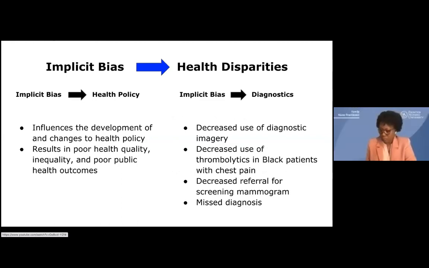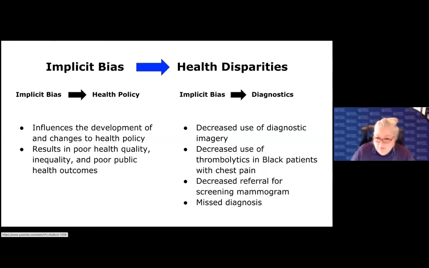A recent example of a change in policy was a law that was passed in New York State. The new law passed was called Shannon's Law. It was named in honor of a young woman, Shannon Sumato, who was diagnosed with breast cancer at age 28 while she was pregnant.